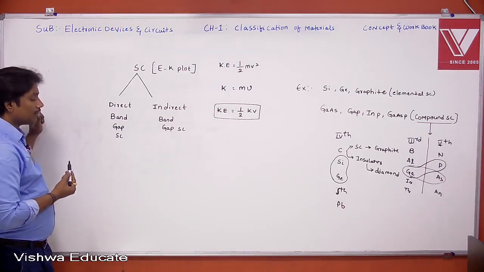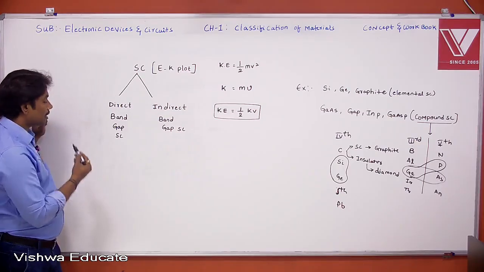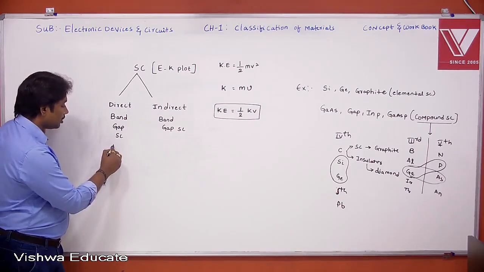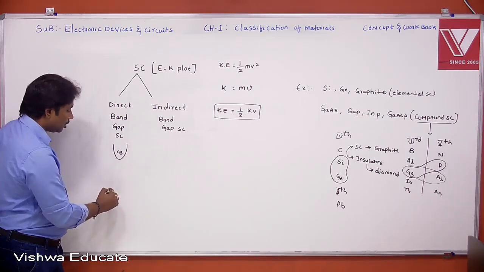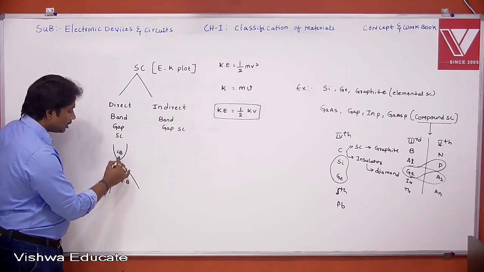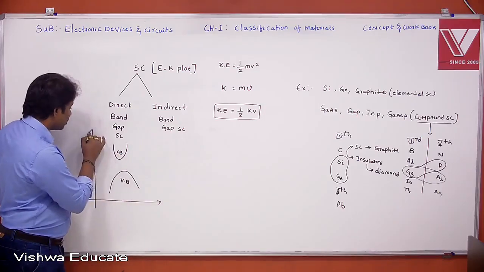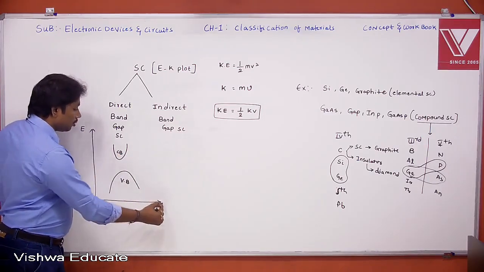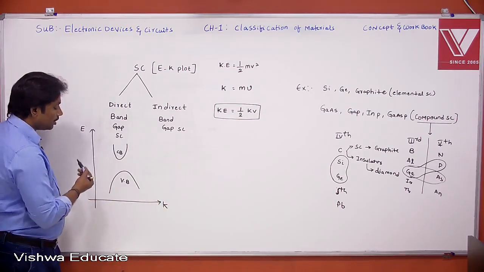What is a direct band gap semiconductor? A direct band gap semiconductor is a semiconductor in which the conduction band minimum and the valence band maximum occur at the same momentum. This is the plot of energy versus momentum. We can define the direct band gap semiconductor based on energy versus momentum.